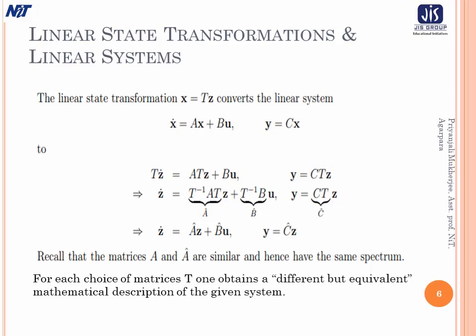Let us define a new state vector z, related to the state vector x by an n by n non-singular matrix T, so that Tz dot equals ATz plus Bu and y equals CTz. Multiplying by T inverse, we can write z dot equals T inverse AT z plus T inverse B u, and y equals CT z.